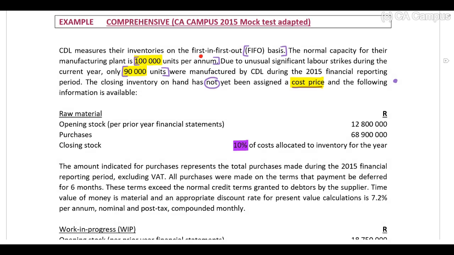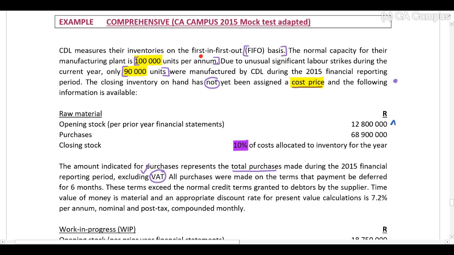Therefore, important, I will tick off that I have used the amount. Then they indicate that the amount for purchases represents the total purchases made during the 2015 financial reporting period, excluding VAT. Great, this is correct. We will recognize the amount excluding VAT as inventory.